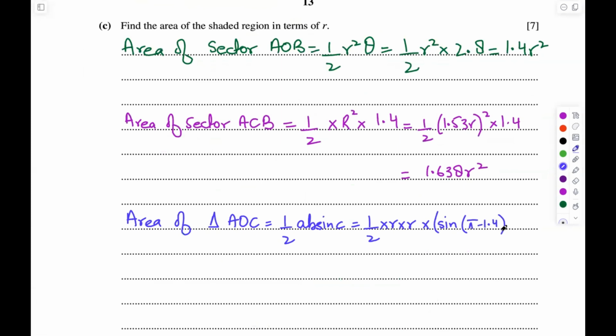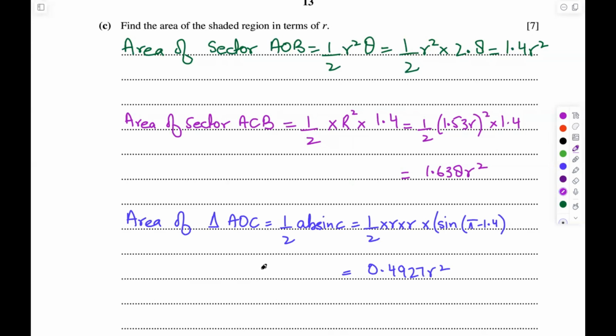Now substituting pi minus 1.4 in the calculator, so sine of pi minus 1.4, and we'll have to make sure the calculator is in radian mode. Then we divide the answer by 2. So that will be equal to 0.4927. So we'll have 0.4927 r squared.